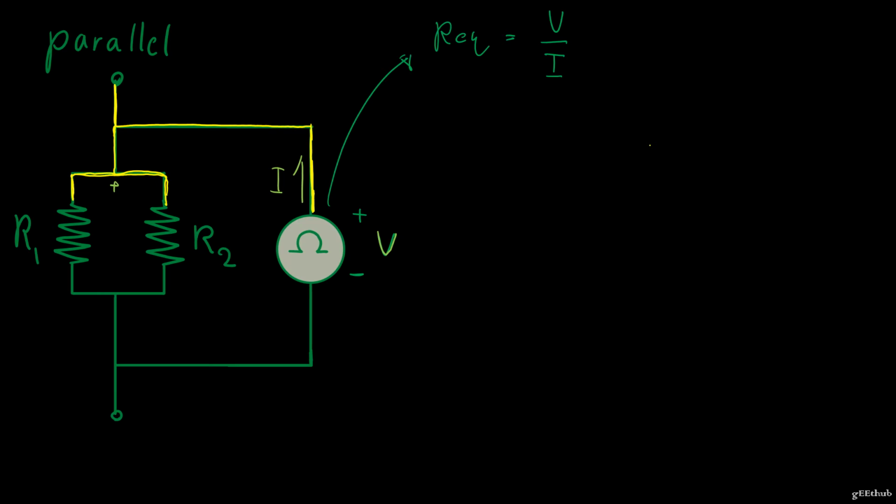And likewise, this entire terminal has the same potential energy. So now, what is my potential energy difference across the resistors going to be? Well, since they're sharing terminals with my voltage source, it's just going to be V across both resistors.